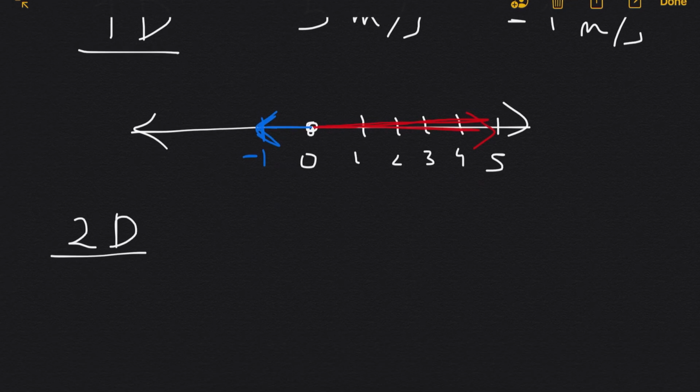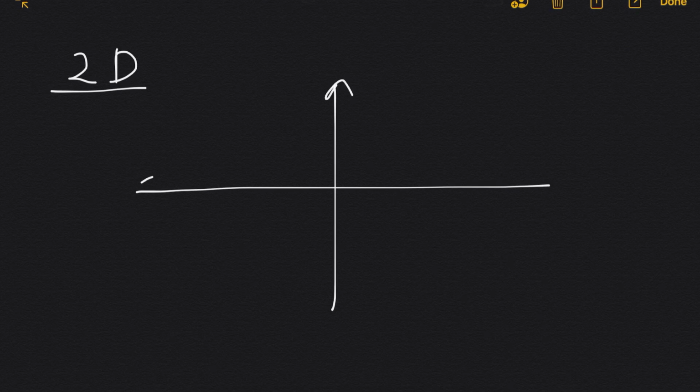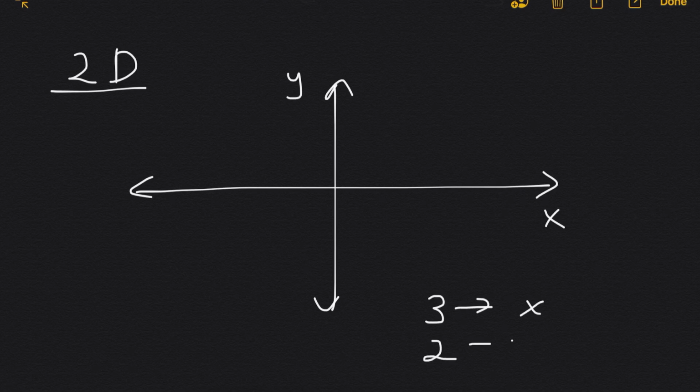Let's look at two dimensions. In two dimensions, things get a bit more interesting. In two dimensions, you have two lines now. And now we can't just say positive or negative. We have to specify. So let's say this is the x-axis, this is the y-axis. Maybe we have to say 3 units for x and 2 for y.